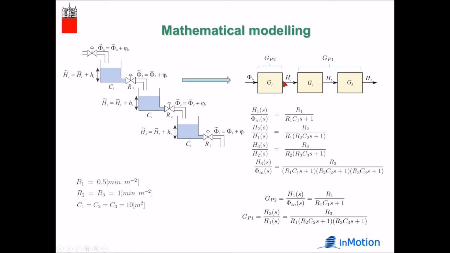But the overall transfer function is defined with this expression. That means the main input is the flow here. This is actually this flow. And the main output is the level in the 3rd tank. This is this level here.